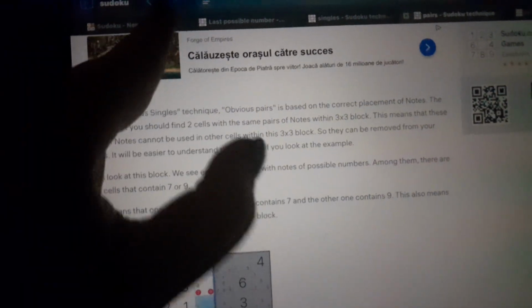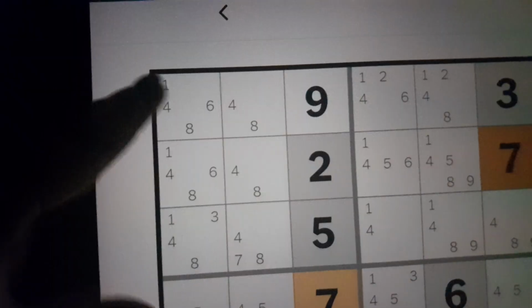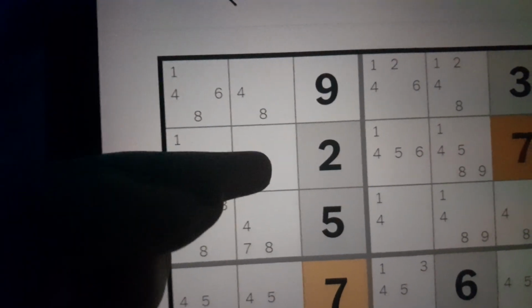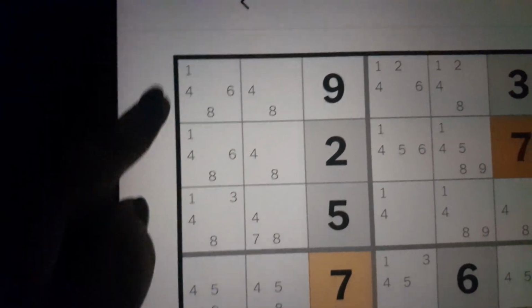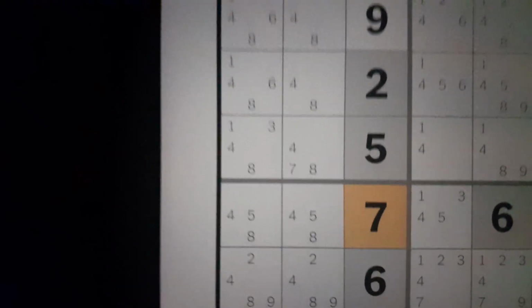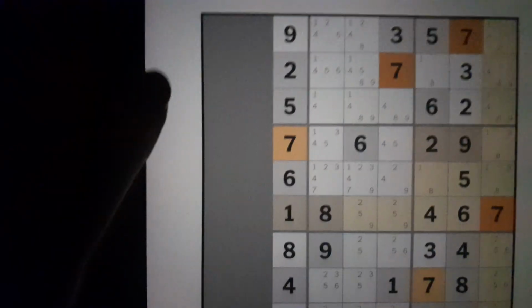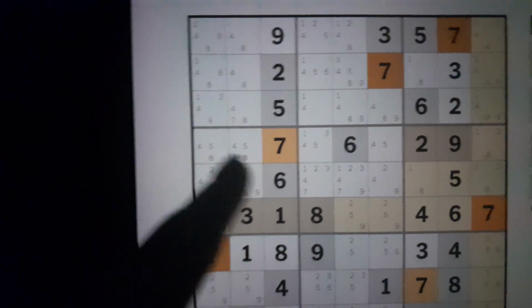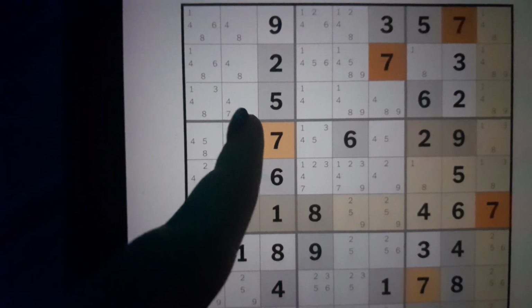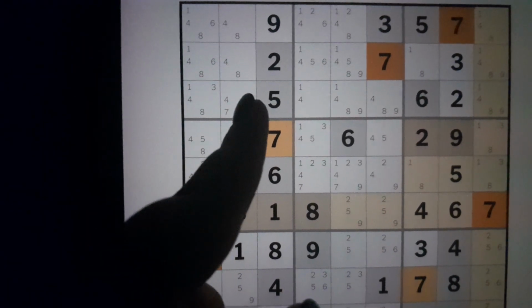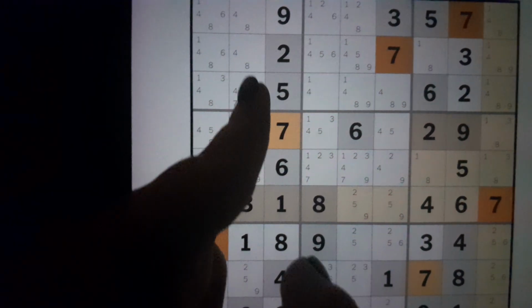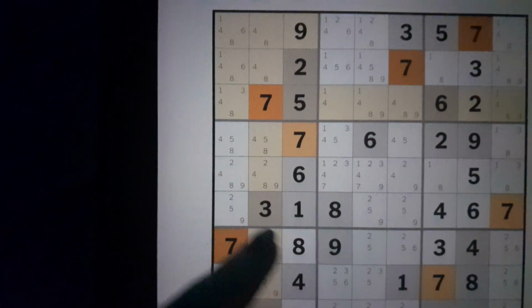Now, for our actual game, in this block, you'll see that we do have a pair. We have 4, 8 here and 4, 8 also here. So we can mentally remove those as possibilities from the other cells. For this one in particular, we pretend the 4 and 8 aren't there, so the only possible one left is 7. So we'll place a 7.